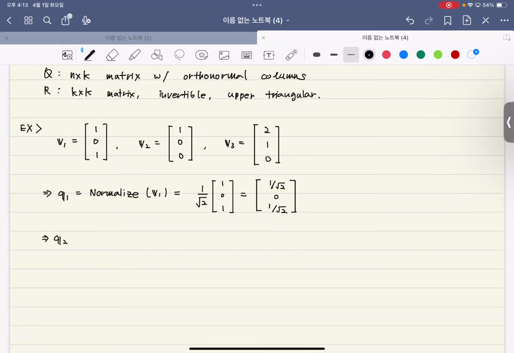What about Q2? Q2 is the normalization of V2 minus Q1 transpose V2 times Q1.